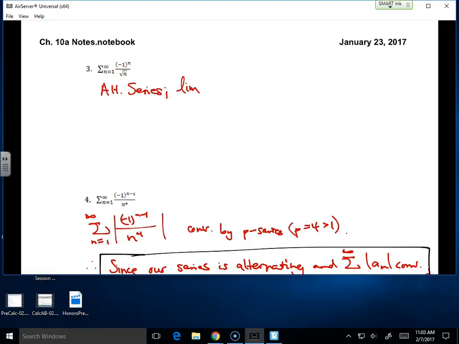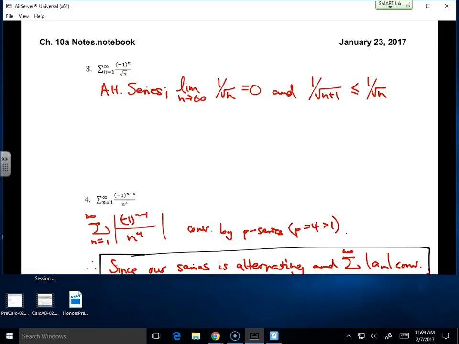We can say the limit as n goes to infinity of 1 over root n, remember this is just for the alternating series, does equal 0, and 1 over square root n plus 1 is less than or equal to 1 over root n for n greater than or equal to 1, which is exactly what we're dealing with.